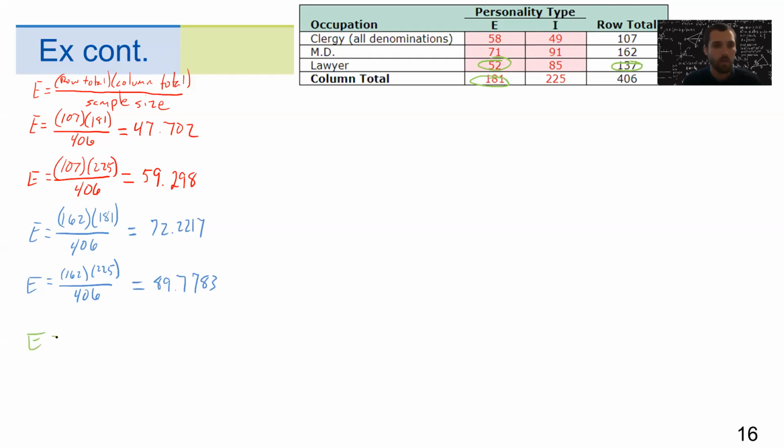So the expected frequency will be 137 times 181 divided by 406, and then that will equal 61.0764. And then I do the same thing for 85, 137 and 225. You probably get the drift now. I'm going to move a little bit faster.